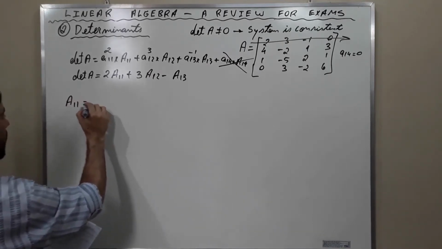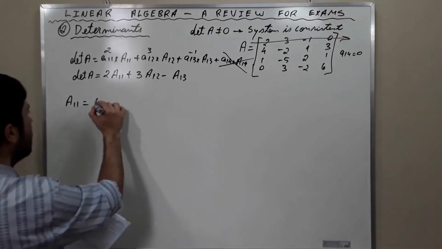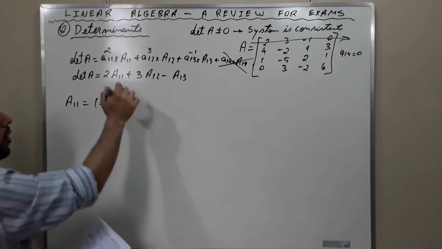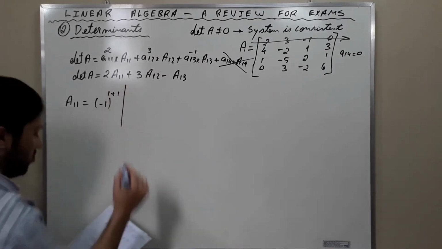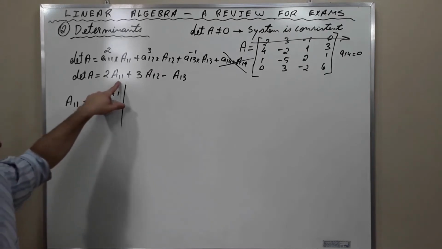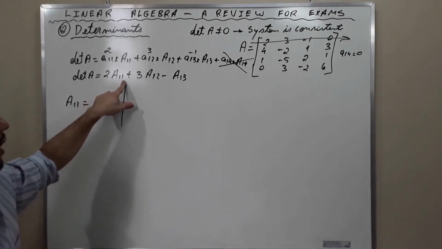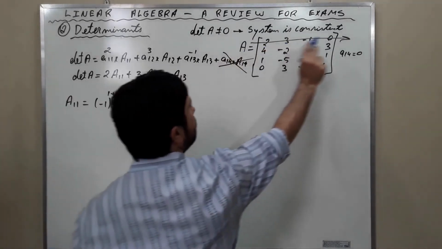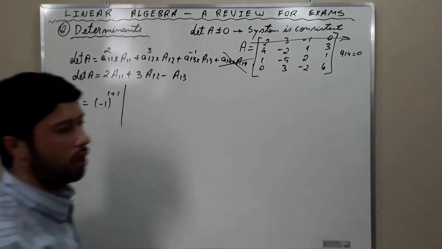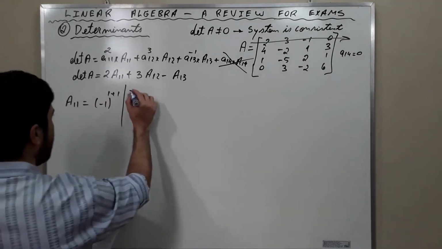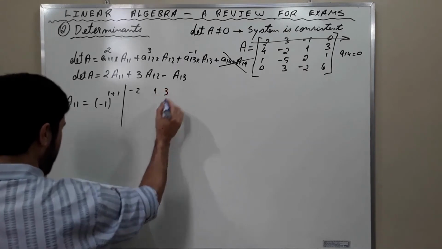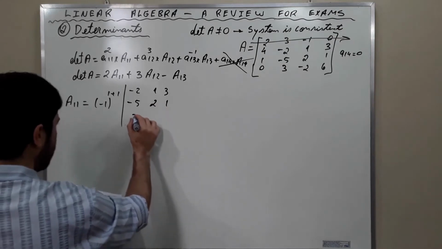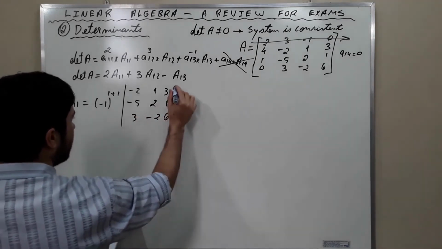Cofactor A11 is -1 to the power of 1 plus 1. And we remove the first row and the first column of the original matrix. -2, 1 and 3, -5, 2 and 1, 3, -2 and 6.